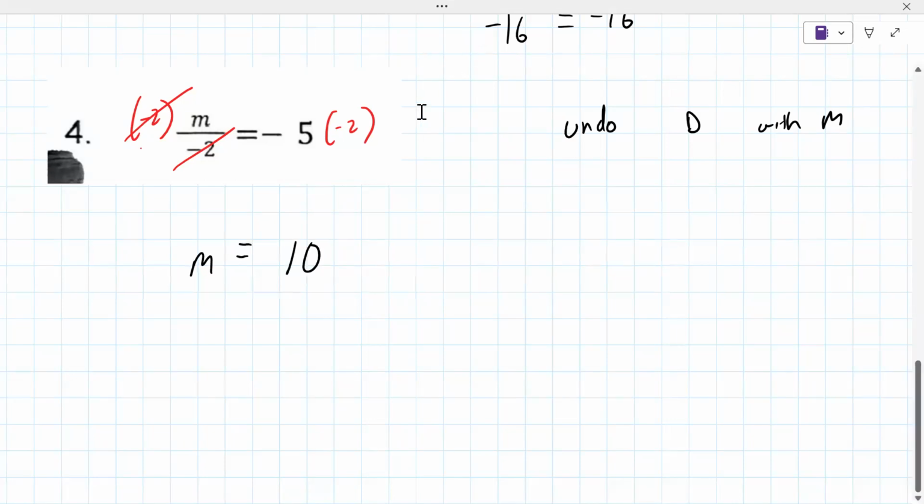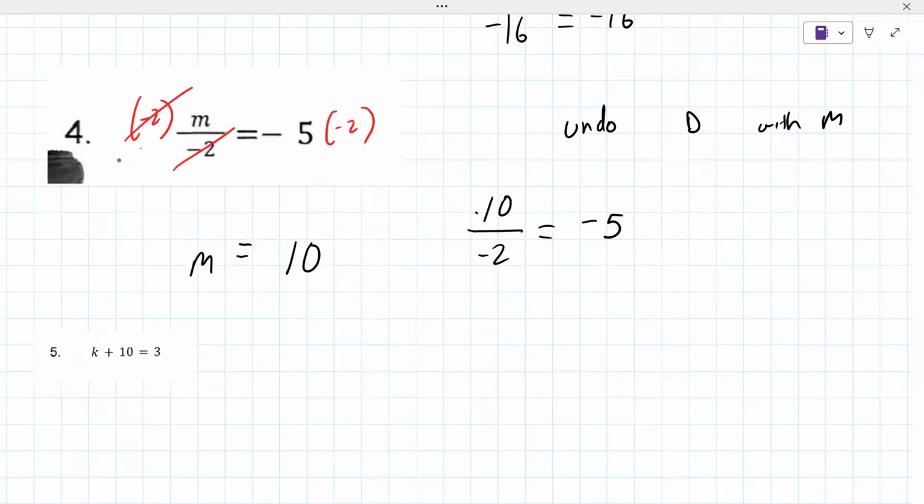Okay, so those are the 4 possibilities. 1, 2, 3, and 4 are the 4 possibilities. You either add, subtract, multiply, divide. It's up to you to be able to figure that out here. So when you look at number 5, oh, you got to check. 10 divided by -2 equals -5, and that does work.